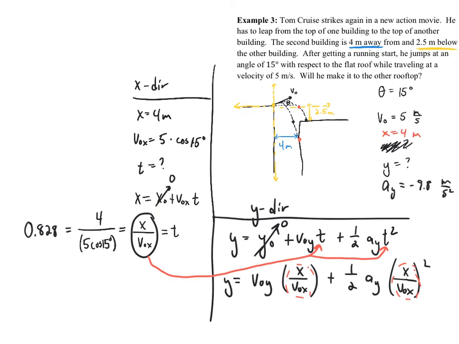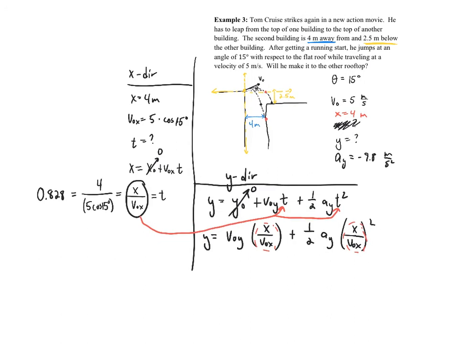You can do that, or you can take this number and plug it in for time as well. It's the same thing. One answer might seem slightly different due to rounding, and that's all you're going to notice in this problem. But it's the same process, whether you take the number, the expression here, or even this whole expression right here. You can take that whole expression and plug it in. It's up to you to decide what you want to do.